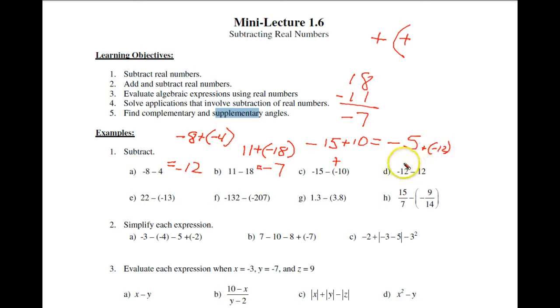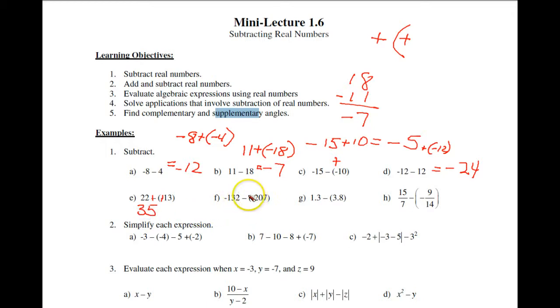So I have a negative 12, and a negative 12 will give me a negative 24. Now here again, as we look at it, the opposite of a negative makes this a positive. So that will be 35.